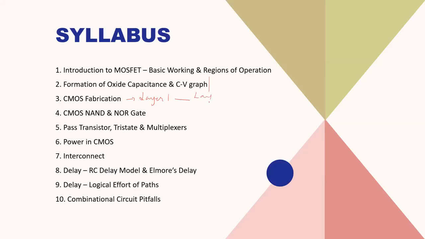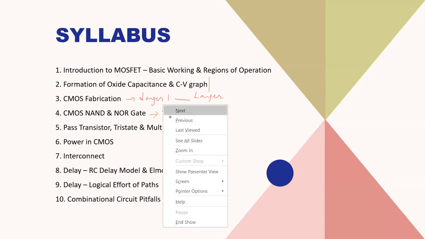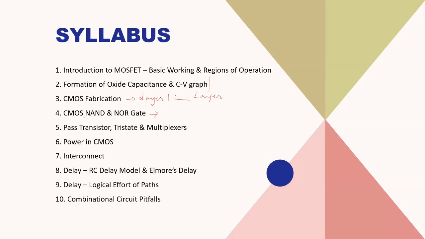What is the exact realization of a CMOS? And then we'll have NAND and NOR gate functioning using the CMOS circuits. Here we'll also study how it behaves as a resistance and how it conducts current, and the logic functionality of NAND and NOR gates.